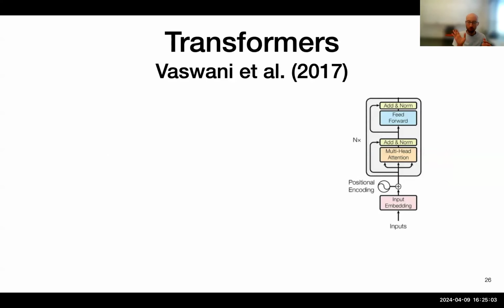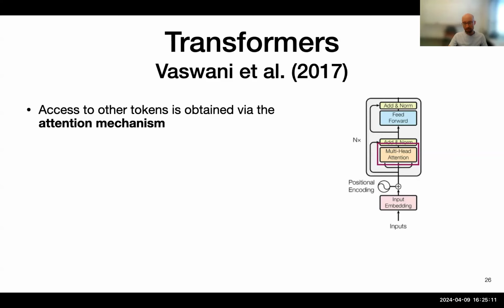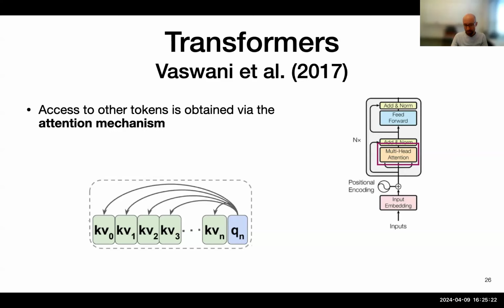Transformers, on the other hand, work a bit differently. And this is the original figure from the original transformer paper. Importantly about transformers is that the only component within the transformer that has access to other tokens is the attention mechanism. And the attention mechanism, unlike RNNs, where you only have access to the previous token in the document, in transformers we attend to all the tokens in the document.